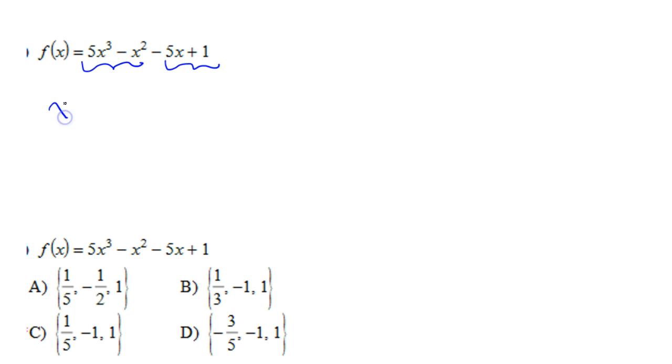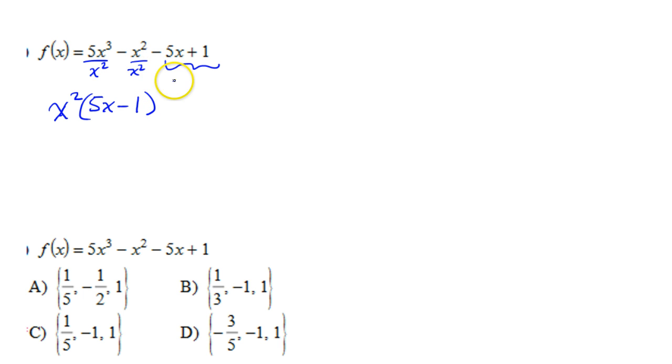If I pull out that x squared, and then divide both of these by x squared, I get 5x minus 1. Some kids forget the 1, but remember, x squared divided by x squared is 1, not 0, so you need to put a 1 there.